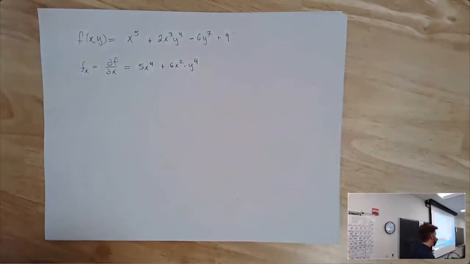So as far as x is concerned, when you say del f del x, you're asking how the function is changing as you're moving back and forth in the x direction, not moving in the y direction at all. Y is staying constant.